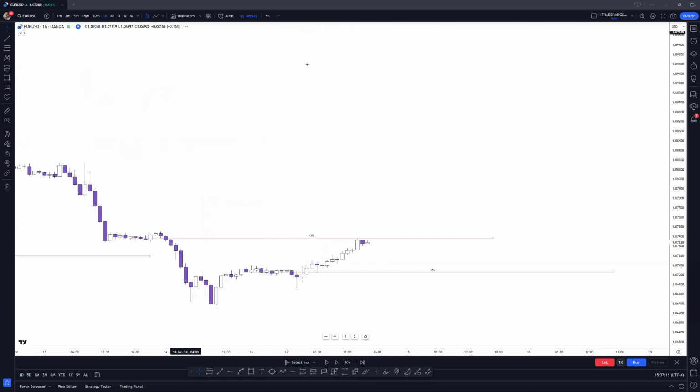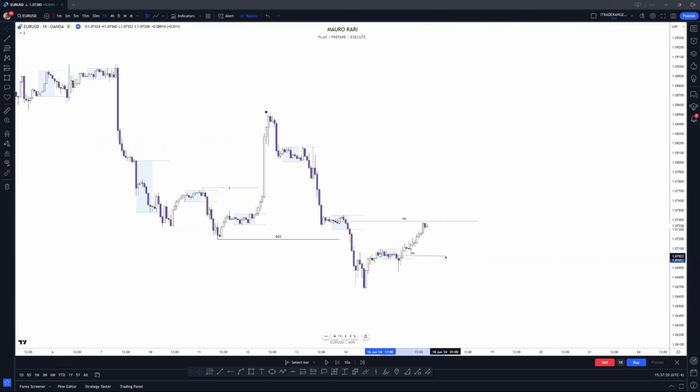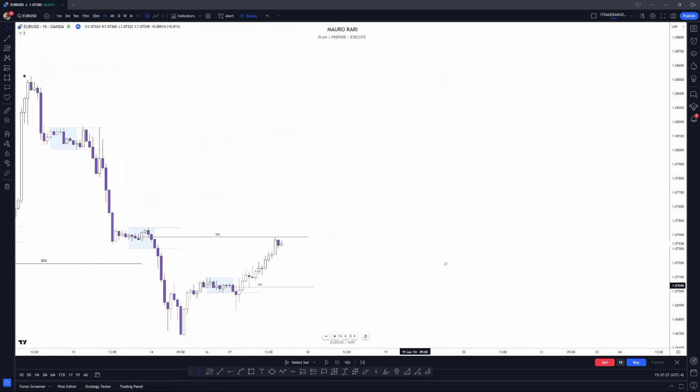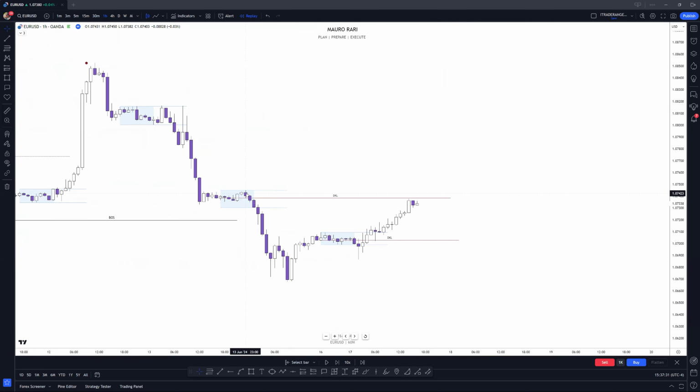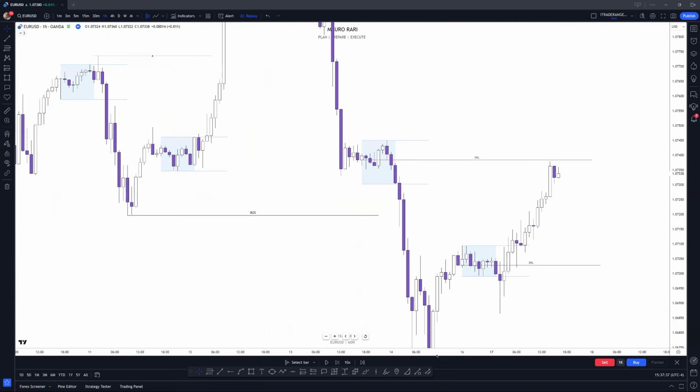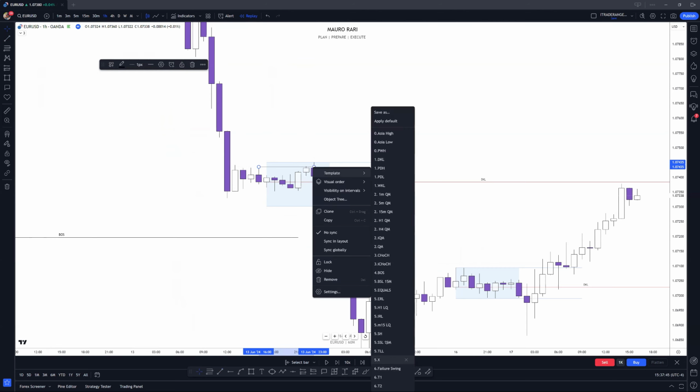After this, we go to H1 and we do exactly the same thing. Okay, we are gonna mark our most recent range in H1, which is gonna be, we have this strong point. Took liquidity on the 4-monthly candle formation.